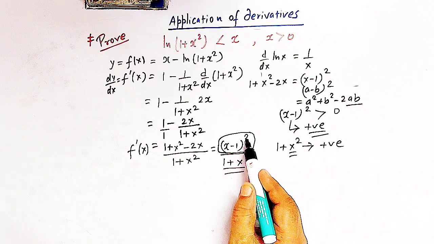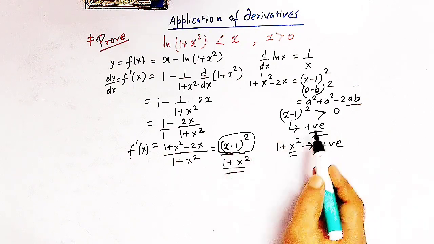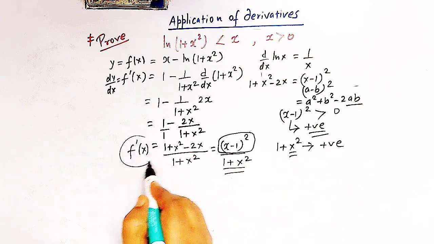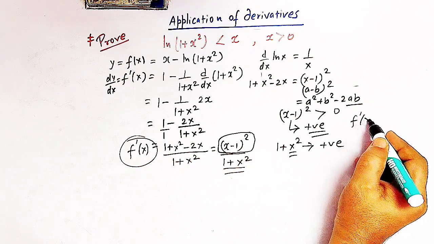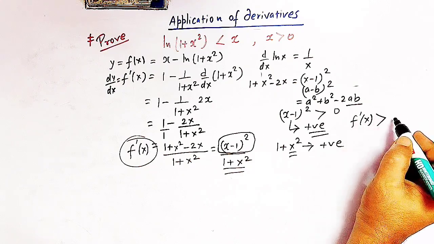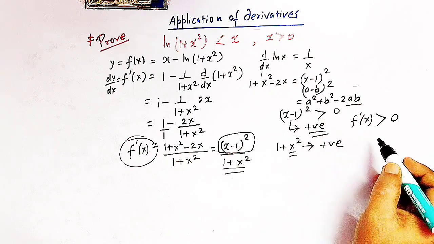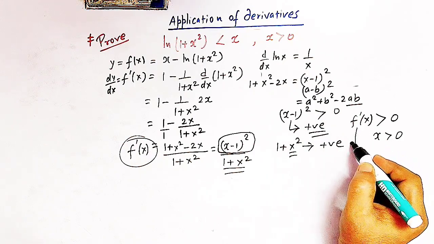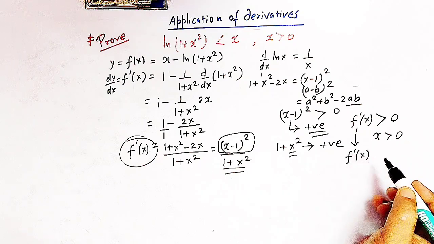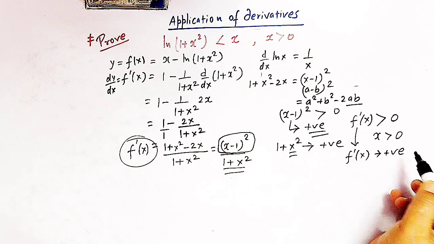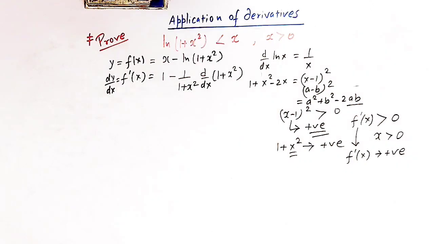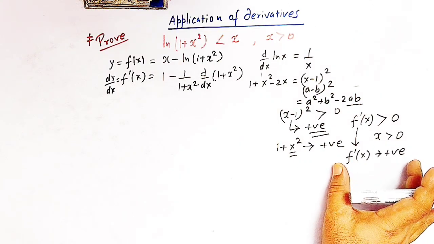So our derivative f prime of x is always greater than 0 for x greater than 0. So we have shown that the derivative is positive.